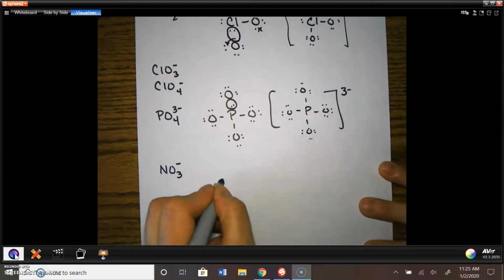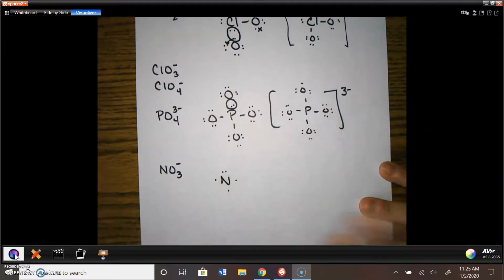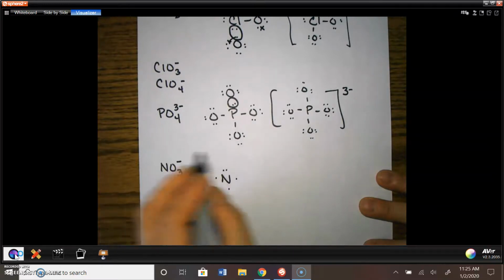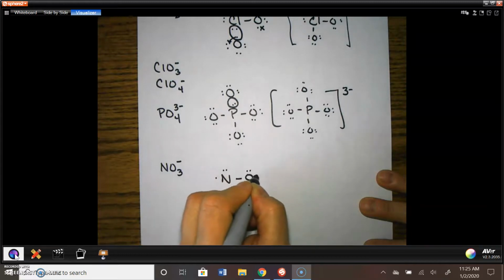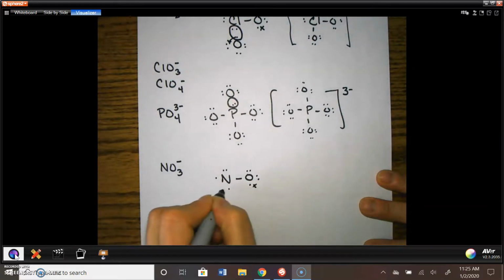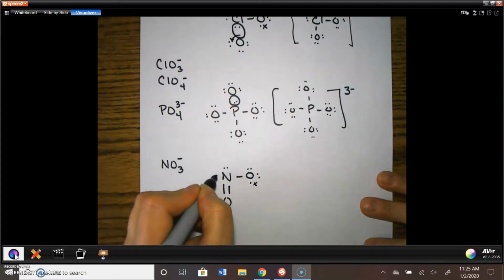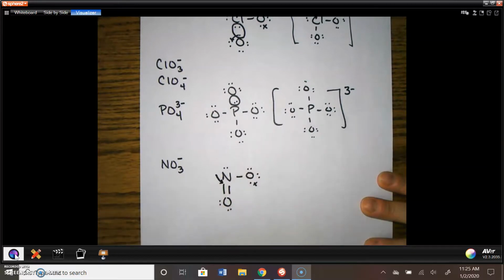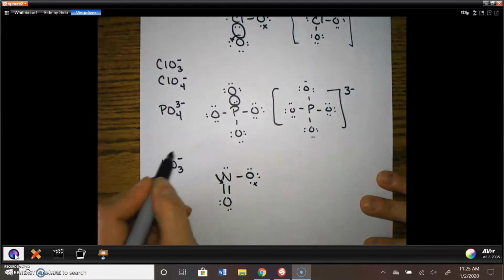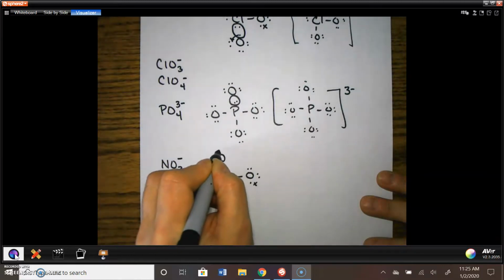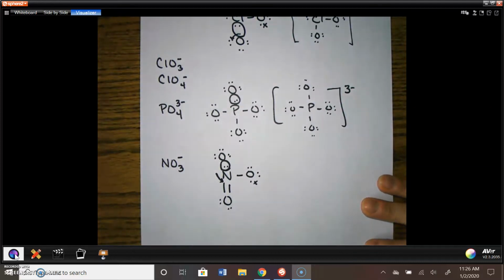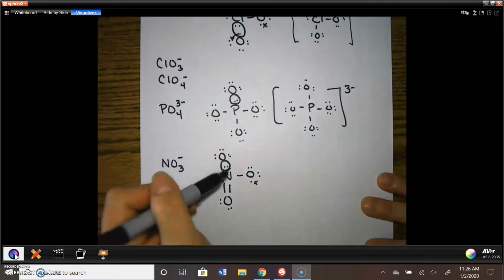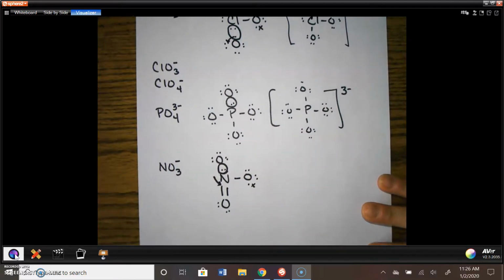All right, so nitrogen's going to be my central atom. It's only minus 1. If you remember what we did for NO2, I had 1 oxygen and the extra electron, and then I had the double bond to the other oxygen. So that guy went down here and we formed a double bond. With this third oxygen, what's going to happen? We've got a coordinate covalent bond going on. That NO bond is completely from nitrogen's non-bonding pair of electrons.